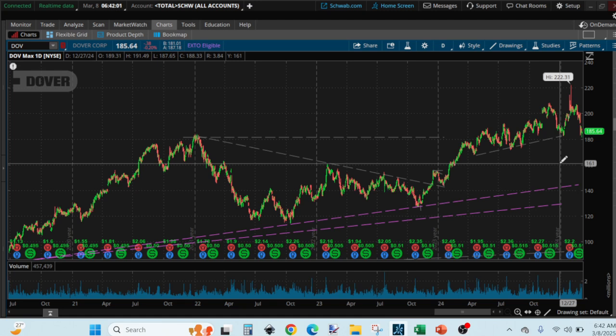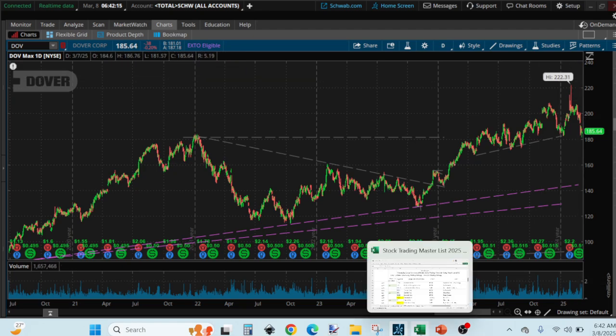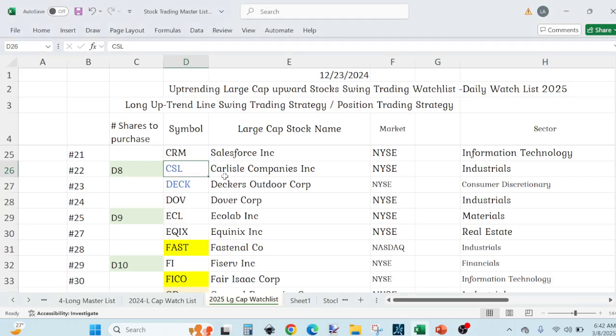So analyzing the chart on a daily basis of those stocks on your watch list allows you to get familiar with those stocks' charts and to understand their patterns better. Try to have a watch list of stocks that is easy for you to analyze within an hour every day or so.